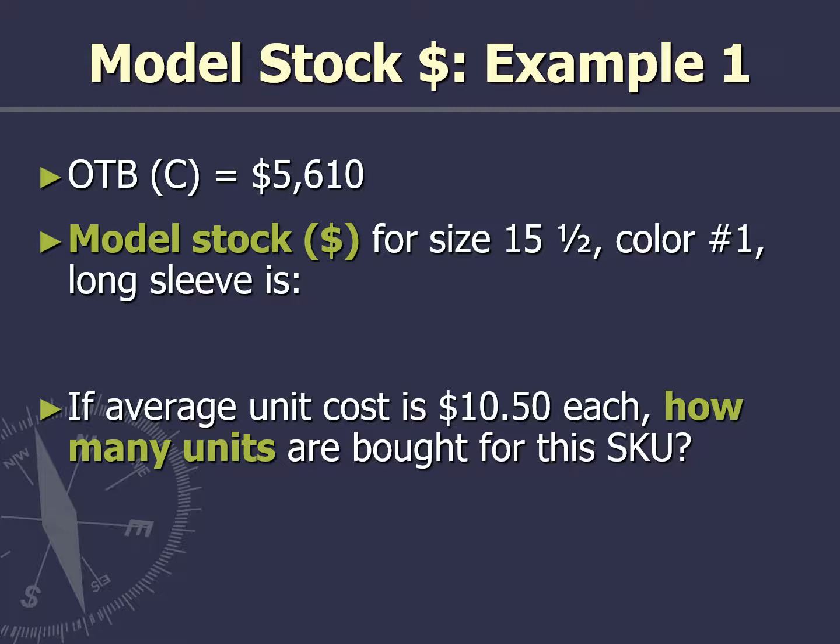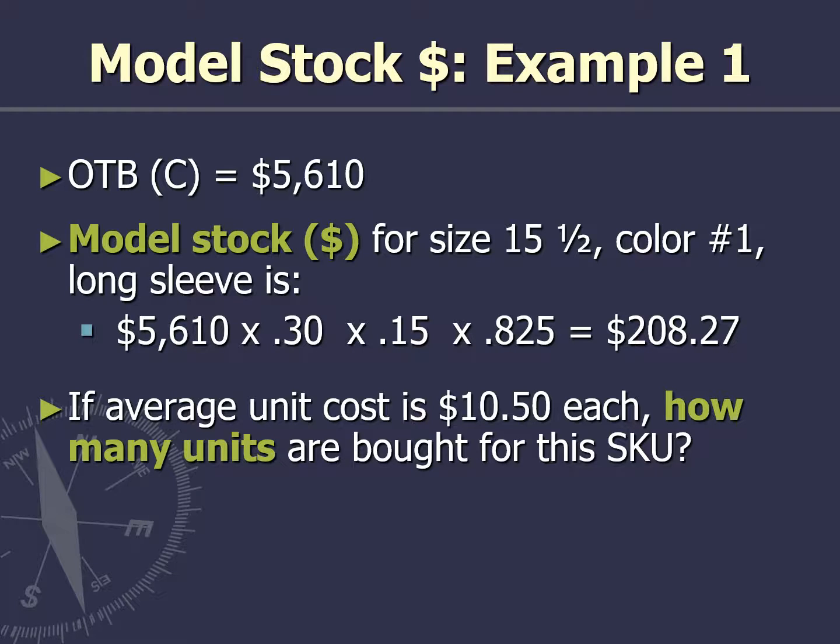And then we multiply that by the total open to buy to know how many dollars of the total open to buy we can actually use to buy merchandise for this SKU. From the previous slide, neck size 15.5 is 30% of the total dress shirts assortment, color number 1 is 15%, and long sleeve is 82.5%.